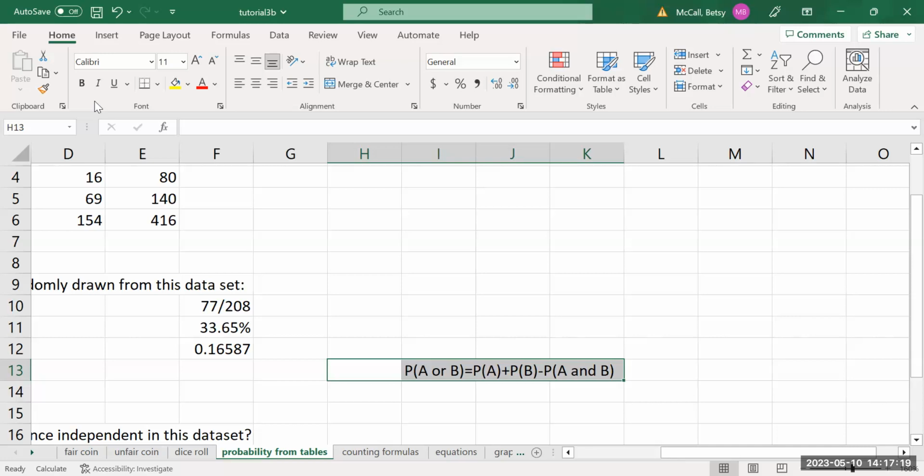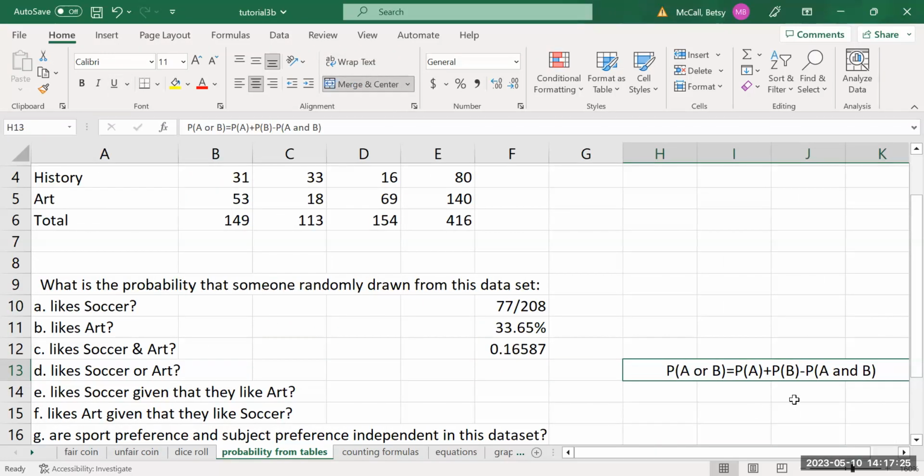There is a formula that if A and B are independent, then yes, you can multiply them together in order to get the probability. But we do not know that this data is independent. And so we can't use that multiplication rule to do that calculation. We couldn't use it to do the calculation here either.